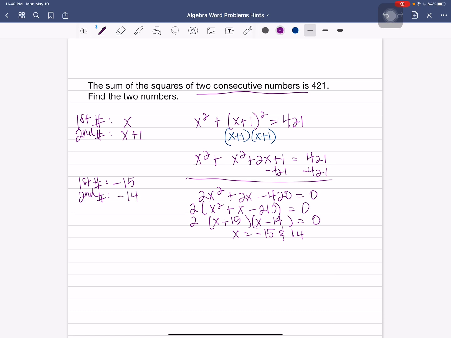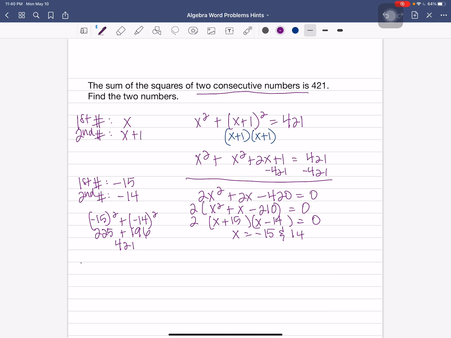Now, if we were to check that, our check step would be negative 15 quantity squared plus negative 14 quantity squared. We get 225 plus 196, which equals 421. So both of those work.